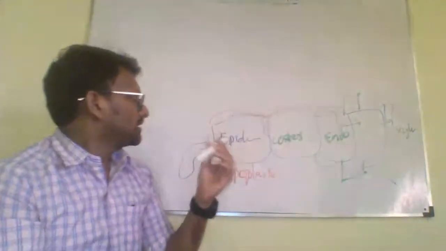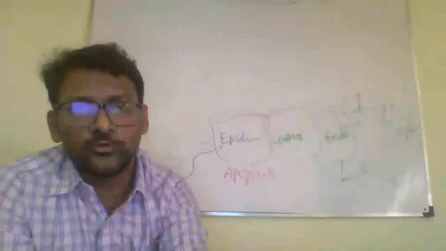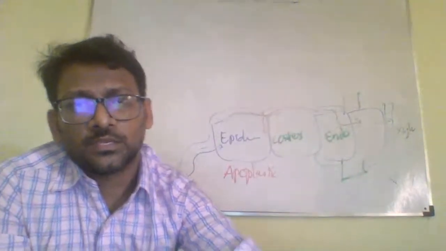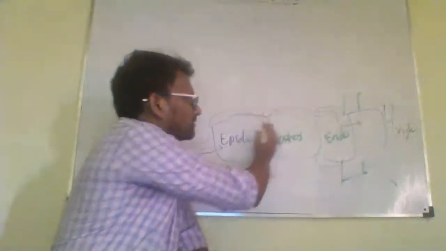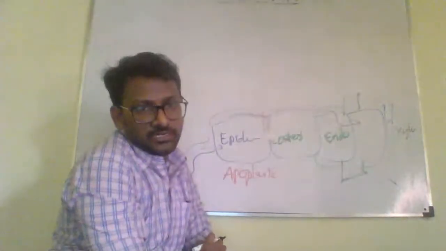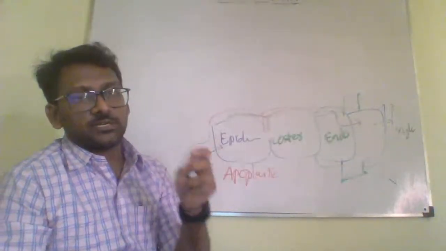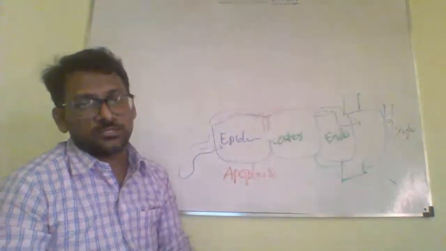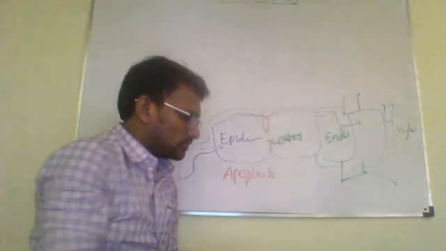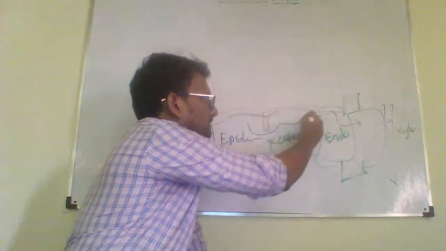If you consider the black is water, water would be moving through the interconnected protoplasm. So here you will be finding interconnected protoplasm. These two protoplasms are interconnected by the plasmodesmata. So this plasmodesmata would act as a bridge for two cells. So within this plasmodesmata, this water tends to move like this.